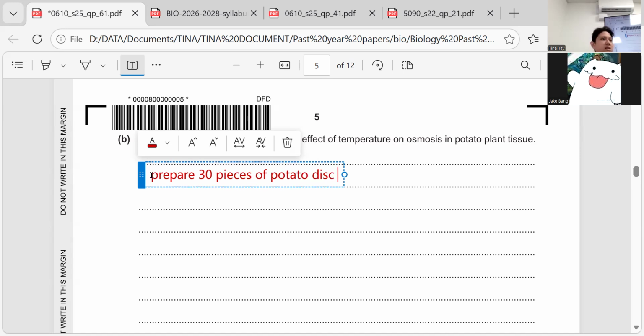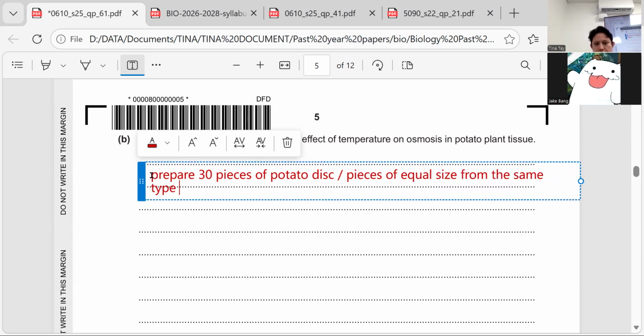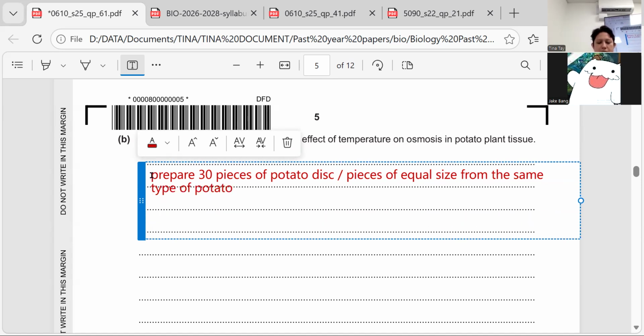This is like a round circle, or you can say potato pieces of equal size from the same type of potato. Prepare water at, so what temperature should you use? Don't go and use 100 degrees Celsius. Your potato will be cooked.